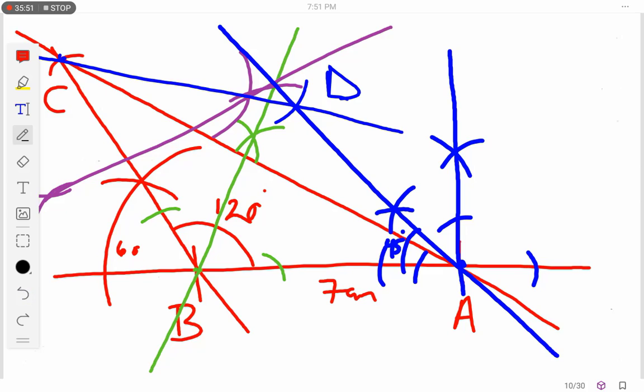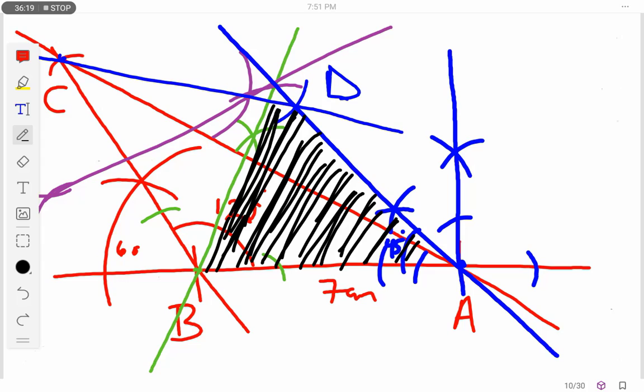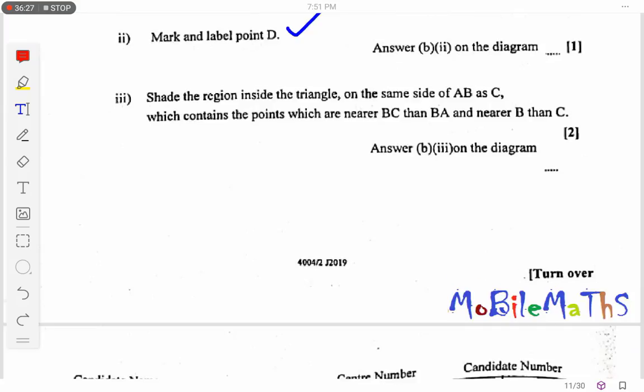Then they are saying the points are nearer to BC and BA and nearer to B than C. So you find out the points which we can shade is this area here. This is the area that we are shading, and this satisfies the condition, because it's nearer to B, which is this one, than C. Okay, so that's how we answer this one. Let's move on to the next question.